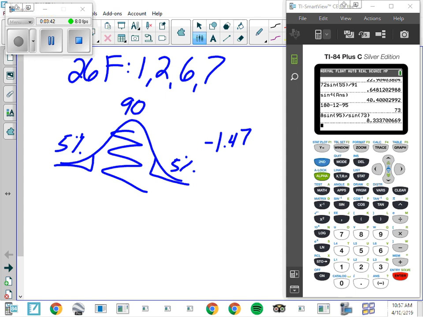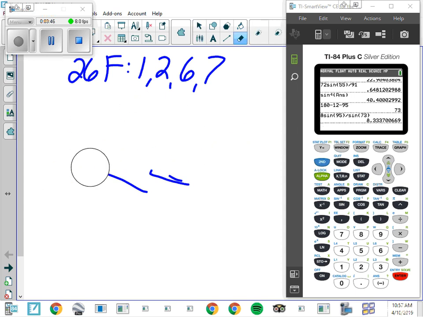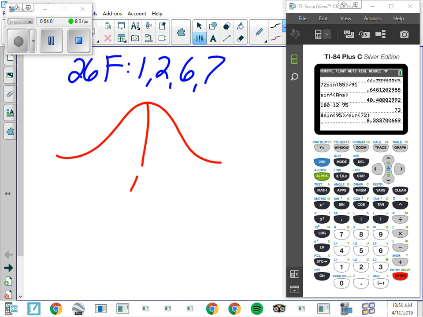Okay, now this is kind of complicated, but it can be simplified into something quite easy. So we believe that the check weight is supposed to be 10 grams. But it turns out it's not actually 10 grams.